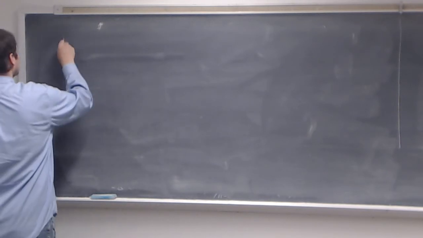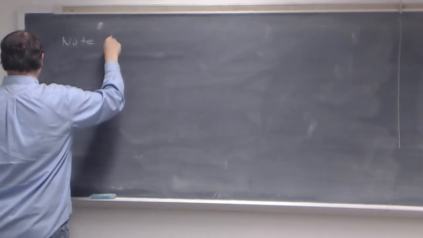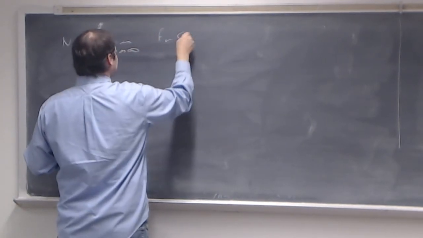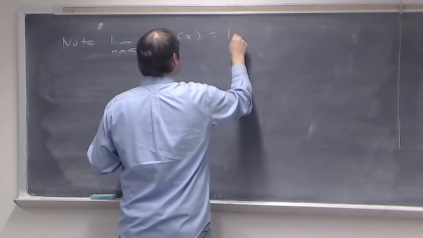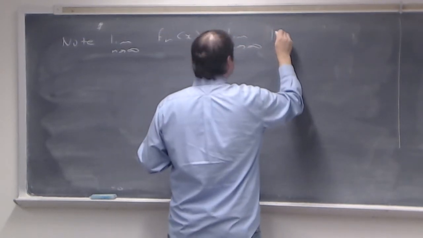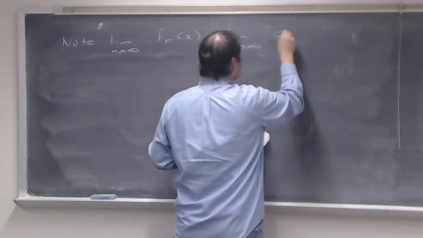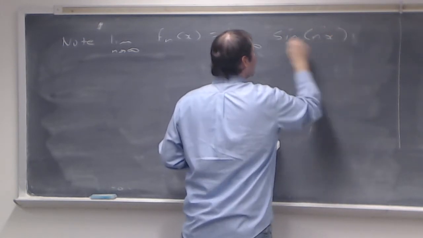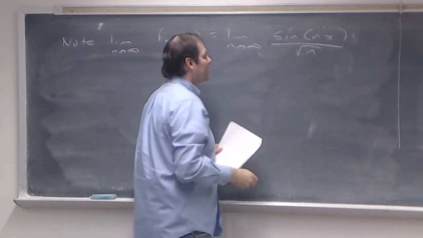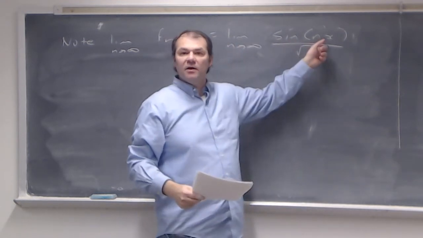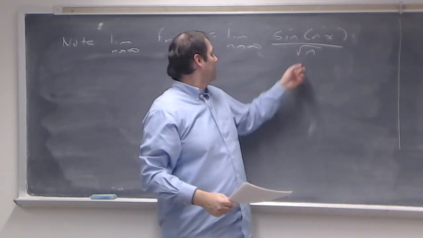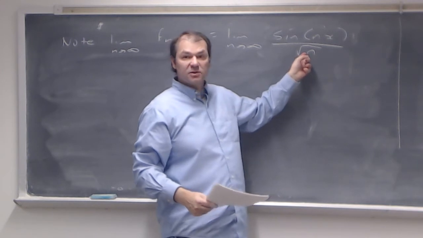Then we note that the limit as n goes to infinity of f sub n of x will be equal to the limit as n goes to infinity of sine of n times x over the square root of n. Now, sine of n times x is going to bounce between -1 and 1, but we're dividing it by things that are going towards infinity.